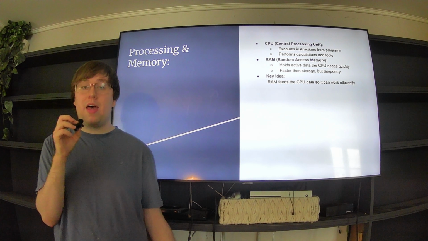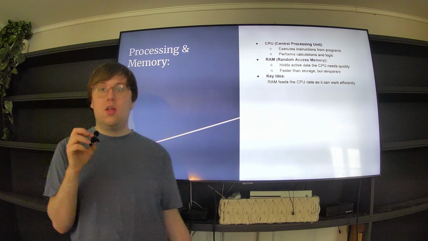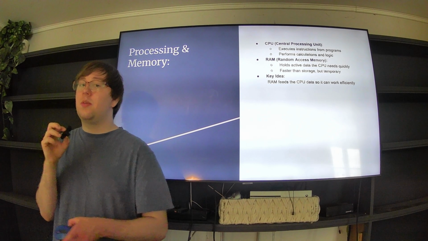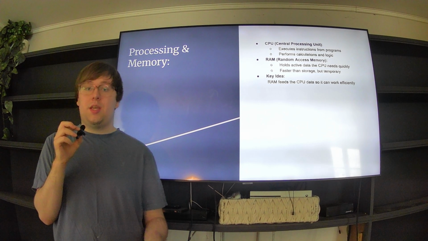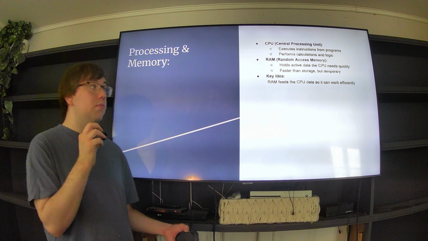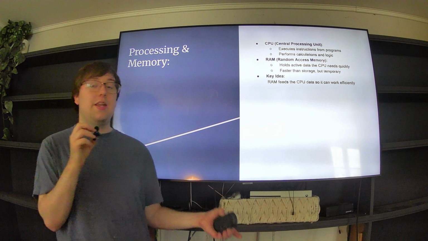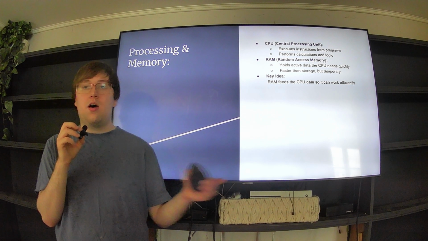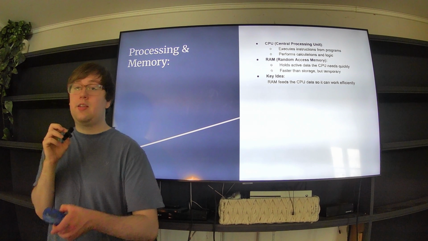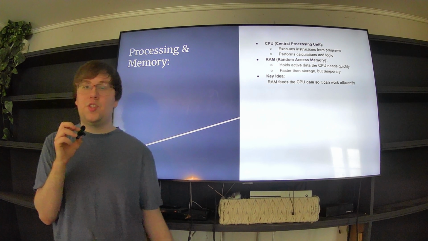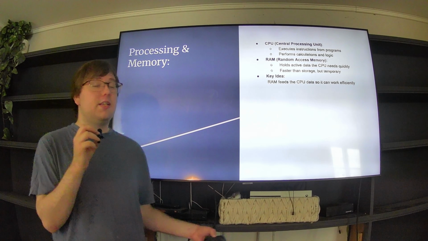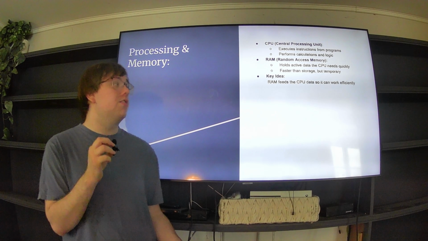So basically, think of the math problem solver of the computer system. The RAM actually helps the CPU. RAM takes data from the memory and gives it to the CPU to run more efficiently. The key idea is that the RAM feeds the CPU data so it can work efficiently.